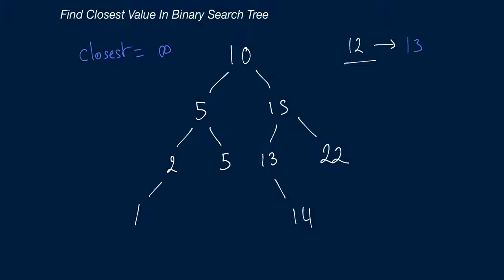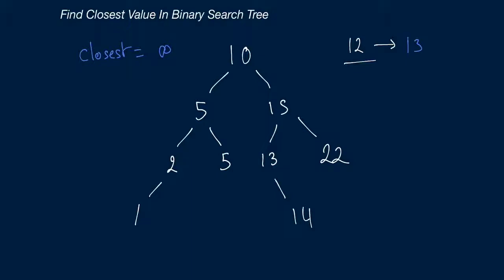And so we start at the root node, and we compare the value of the node that we're at, which is, again, the root node, to our target value. Or yes, before we compare 10 to 12, first we compute the absolute difference between the current value that we're at and our target value.